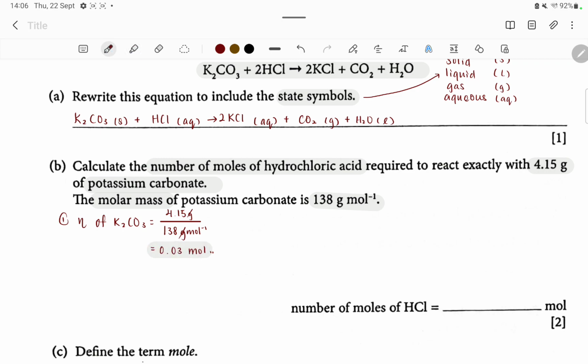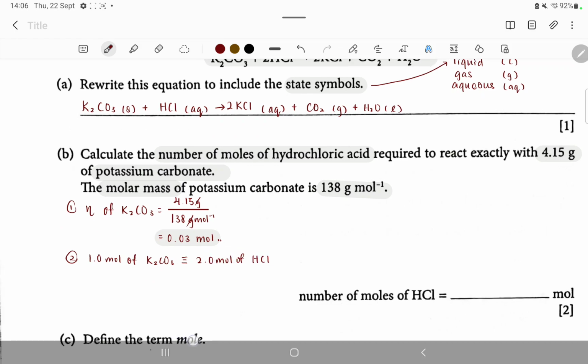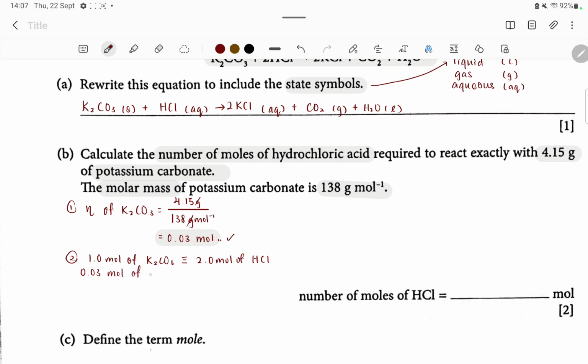And then after that, mole ratio. So from the equation, 1 mole of K2CO3 will react with 2 mole of hydrochloric acid, and we already know this one is 0.03. So by right it should be 0.03 times 2.